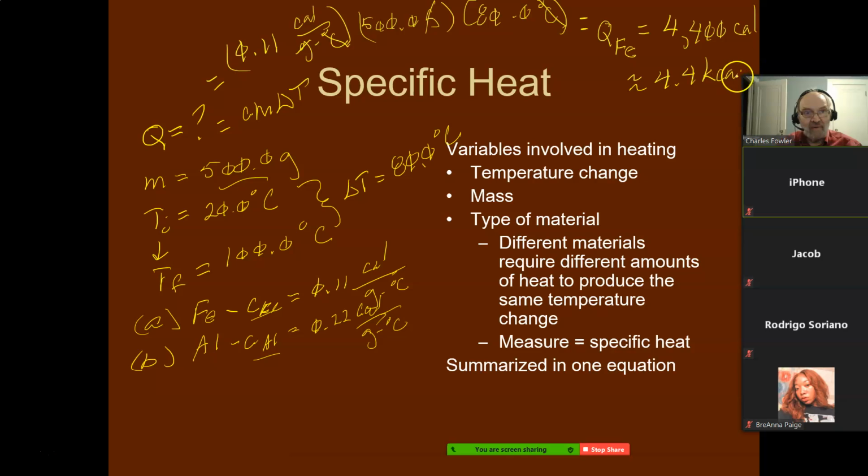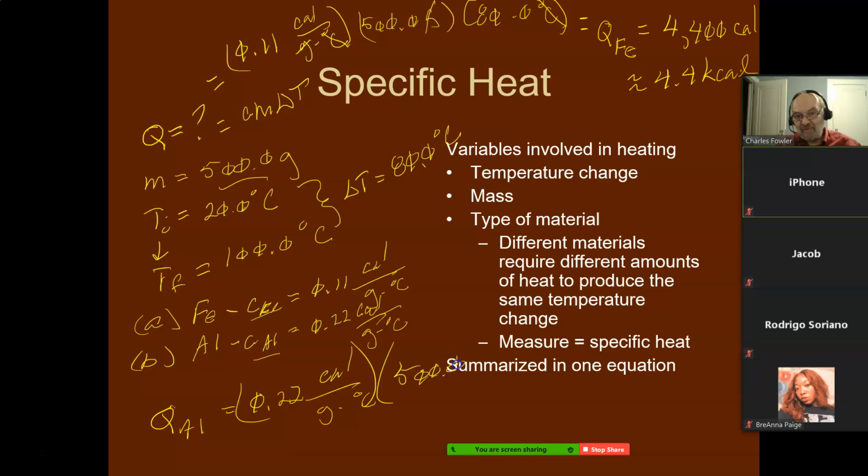Okay, 4.4 kilocalories. Well, let's do the same for aluminum. Q for aluminum would be, its specific heat is 0.22 calories per gram degree Celsius times 500, same mass of aluminum.